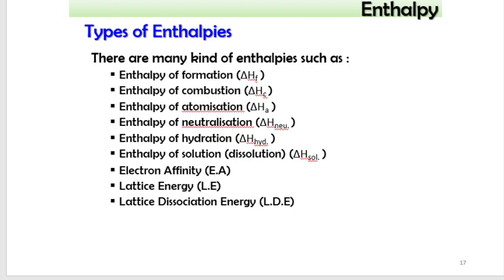Formation, okay, so kalau kamu tengok dekat sini, kalau F kecil maksudnya enthalpy of formation, kalau ada C, combustion, A, atomization, neutralization, hydration. Okay, so kita akan just guna this symbol lah. Okay, EA, electron affinity, LE, lattice energy, LDE, lattice dissociation energy. Okay, so kita akan tengok one by one definition and how to write the thermochemical equation.